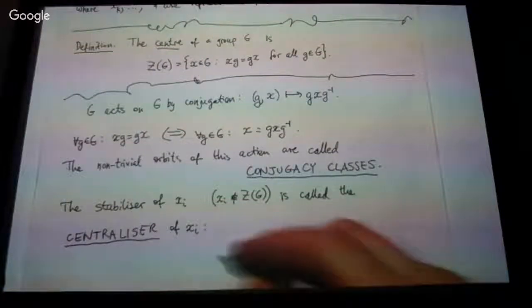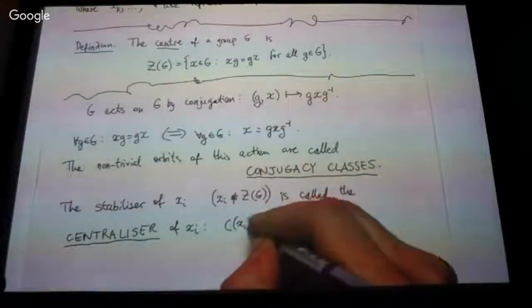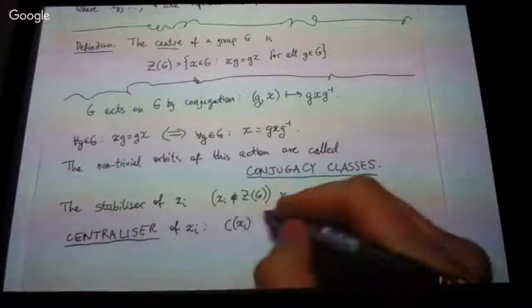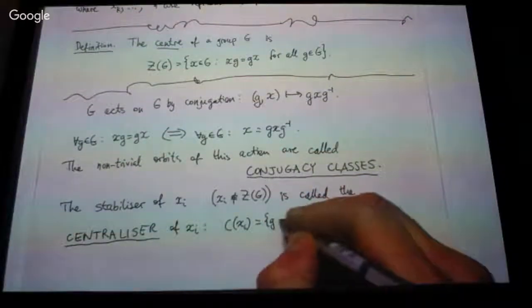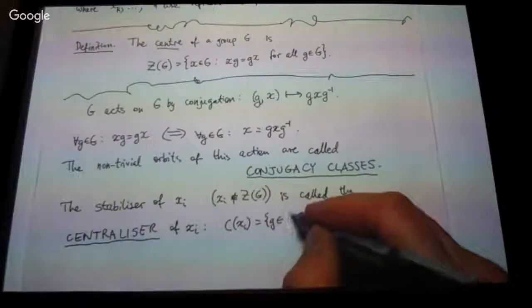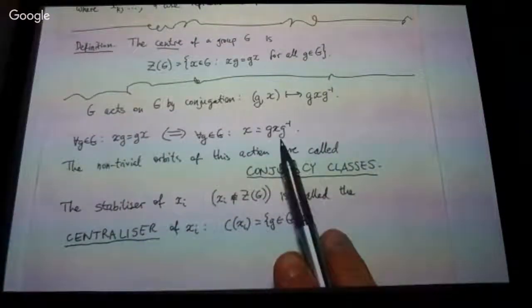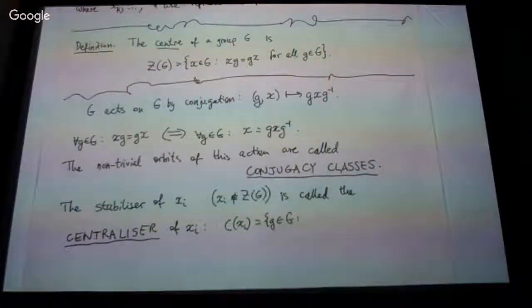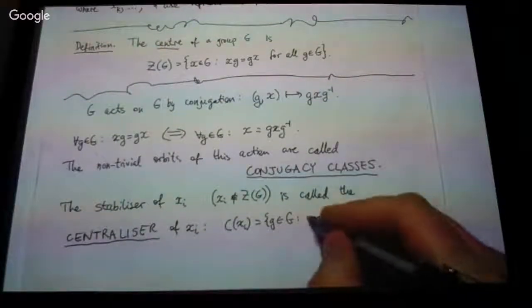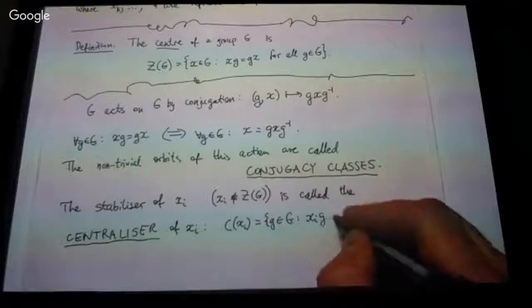Okay, so this is C. All right. What's the centralizer? Well, it's all the elements of G such that that action fixes x.